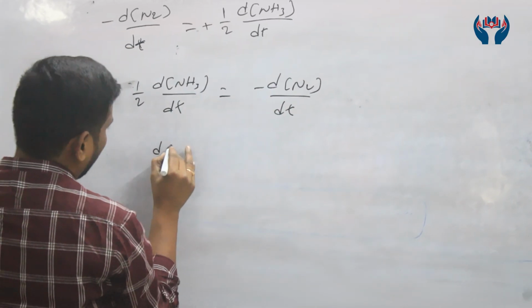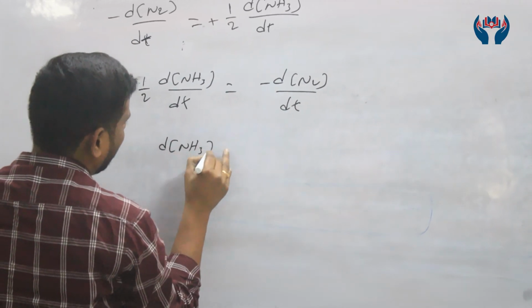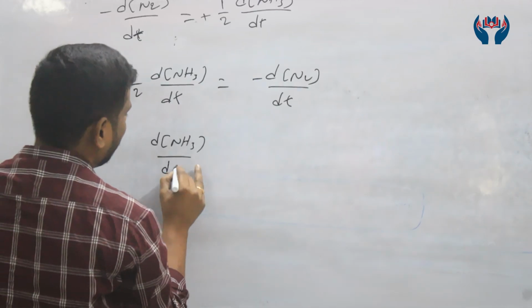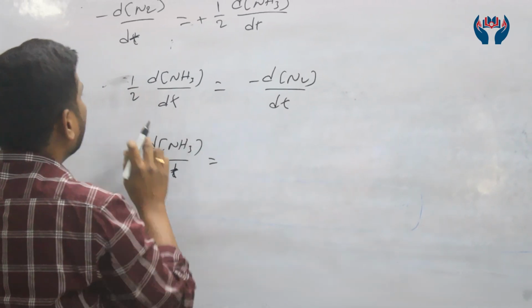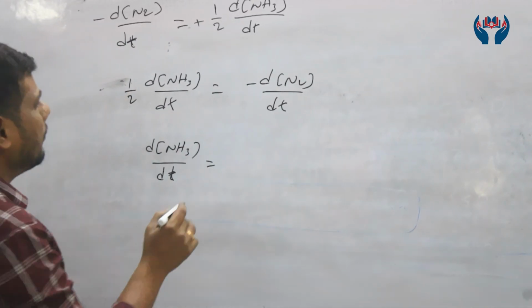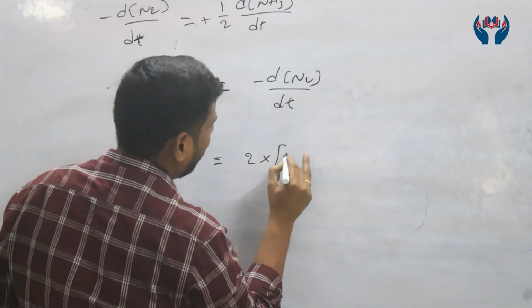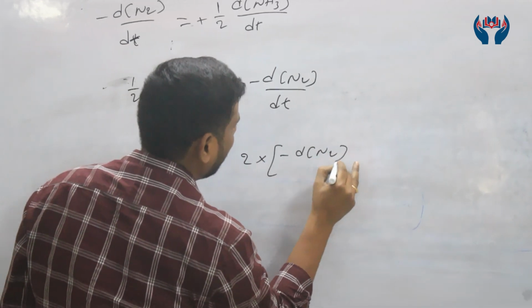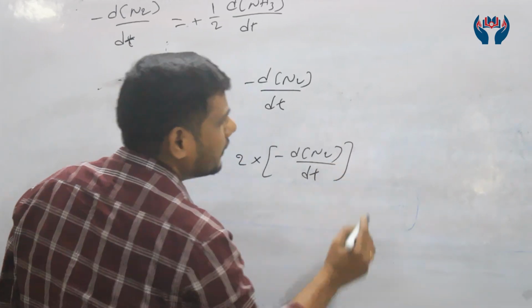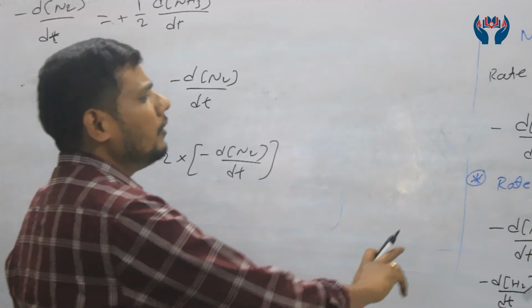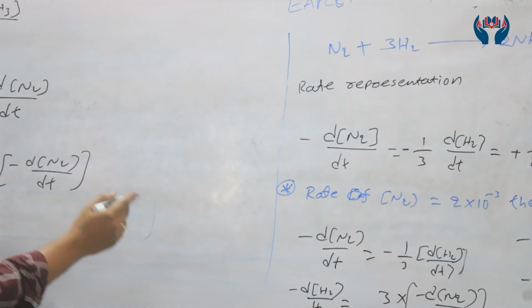Then d of NH3 by dt equals 2, moving the denominator from the reactant side to the product side, into minus d of N2 by dt. What is the given N2 value? 2 into 10 to the power of minus 3.